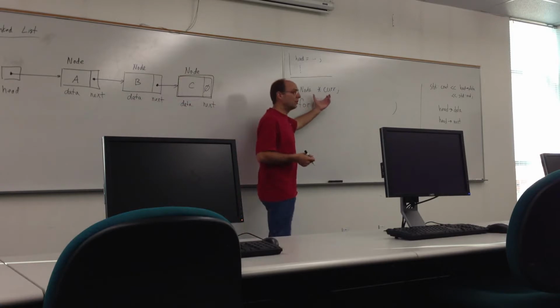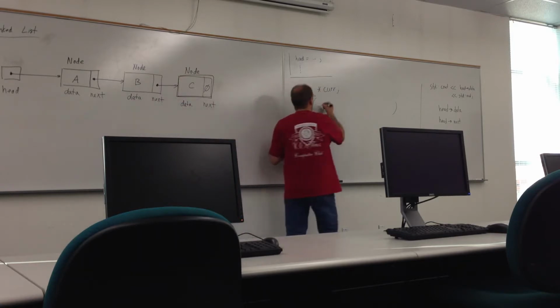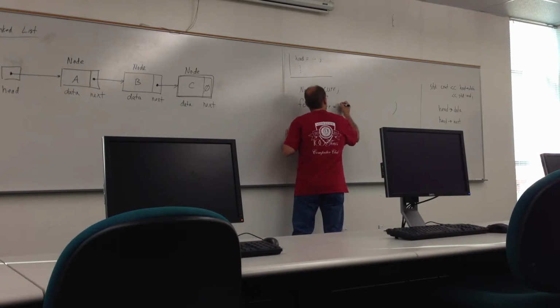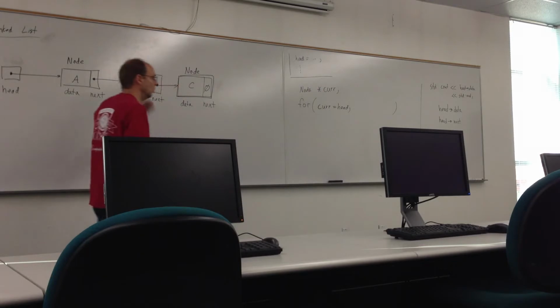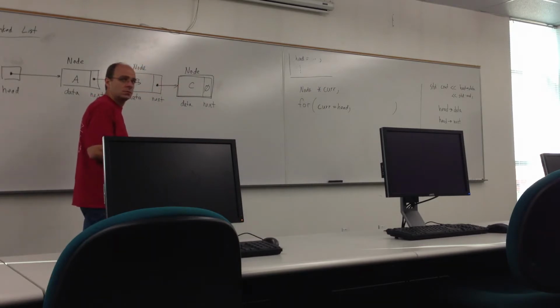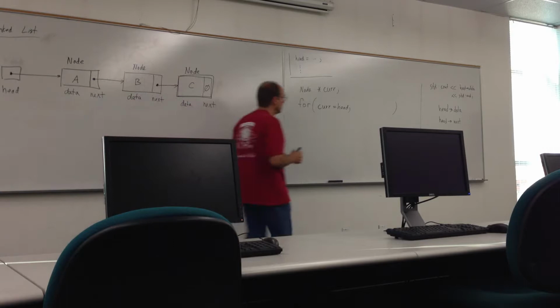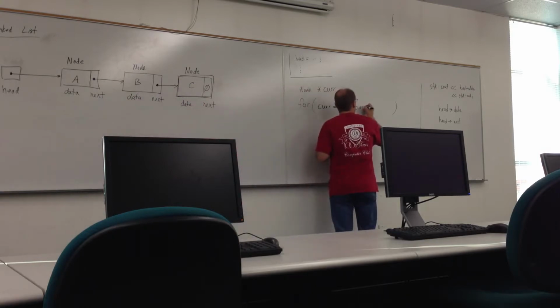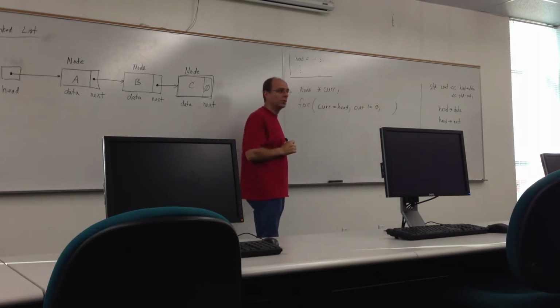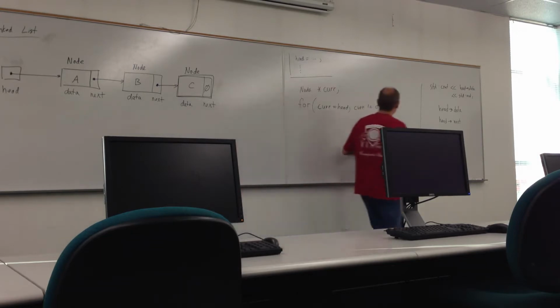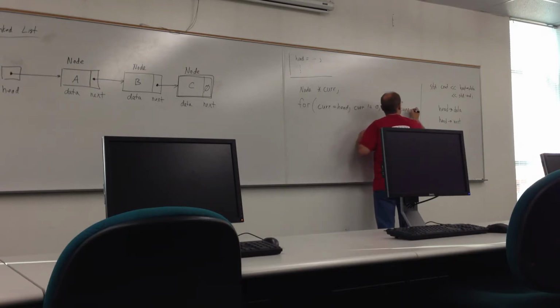It's a node pointer, right? So my for loop starts off and says cur needs to point at the first node. And then, as long as cur is not equal to null, the null pointer, cur should become cur next.